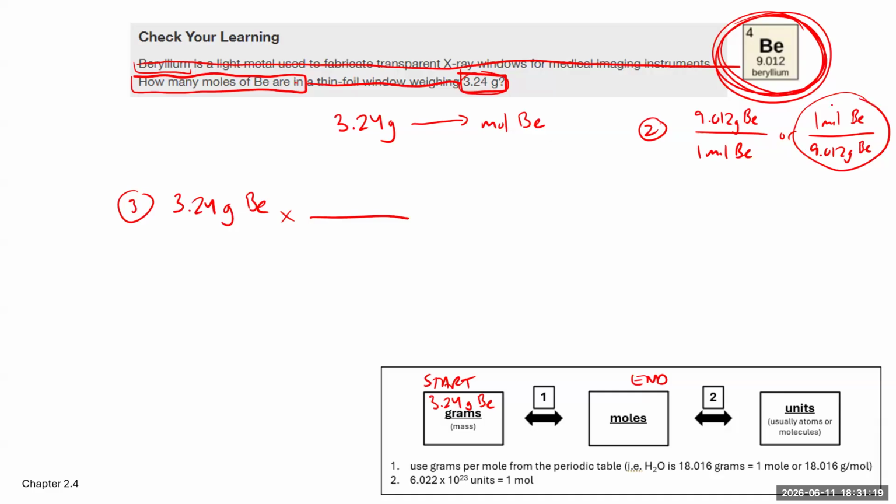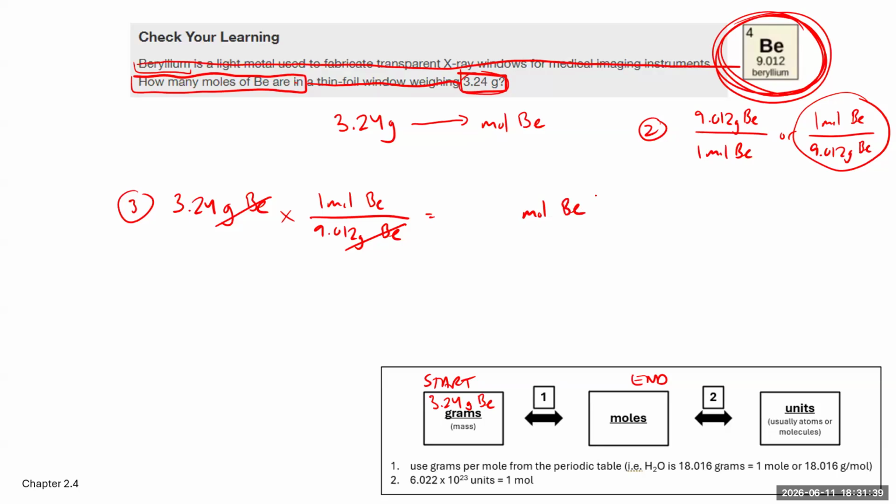So it's going to be this one. 1 mole of beryllium over 9.012 grams of beryllium. Grams of beryllium cancel out. The answer is going to be moles of beryllium.